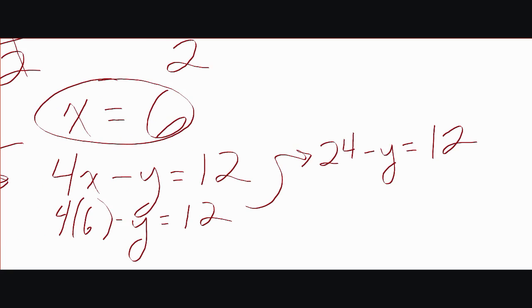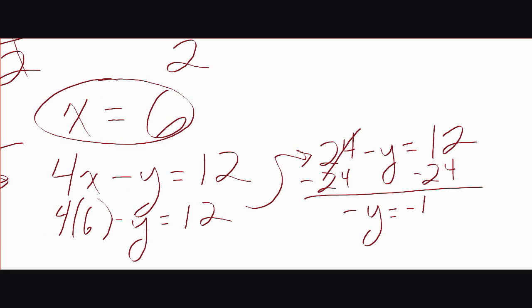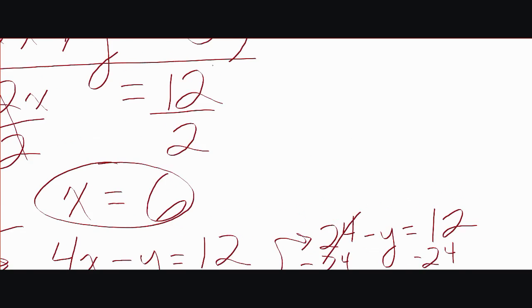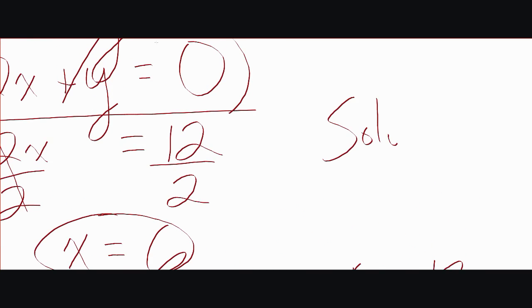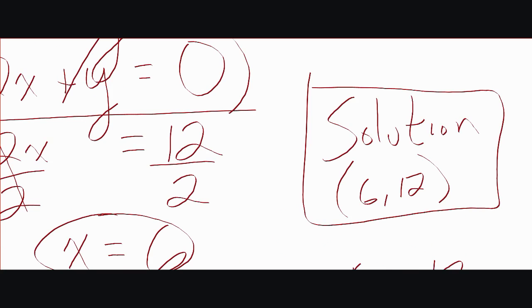We subtract 24 from both sides. We get negative y is equal to negative 12. And by switching the signs, we get y is equal to 12. So I have an x value, I have a y value, so my solution is 6, 12. And we were able to arrive at that using elimination.